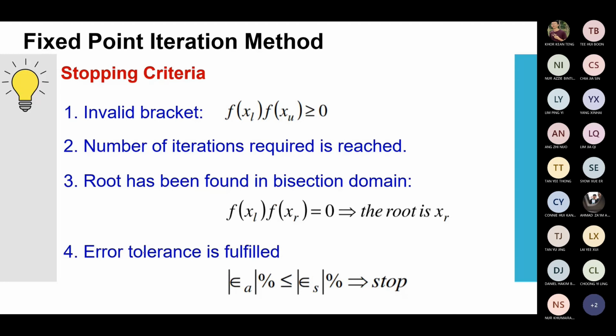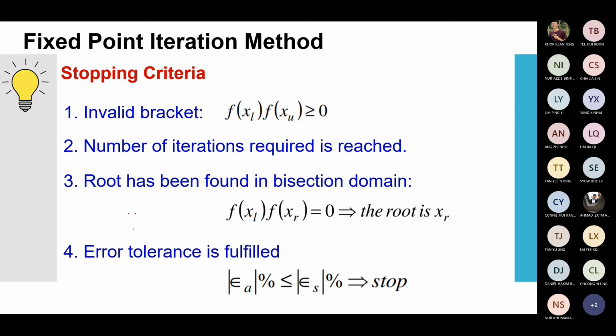The next stopping criteria you have to fulfill: every time you need to check the relative approximation error. How do you find it? Say you have the first iteration and the second iteration. Take the second iteration minus the first iteration, divided by the second iteration, multiplied by 100.